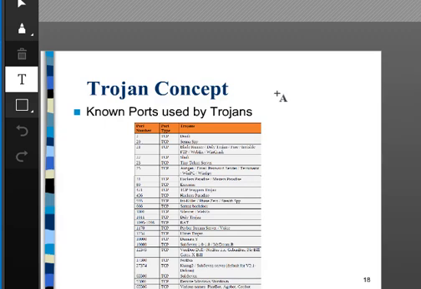But when you are scanning your open ports, you find, for instance, that port number 20 or 21 is opened. At this time, you can imagine that it is not a normal Notepad software.